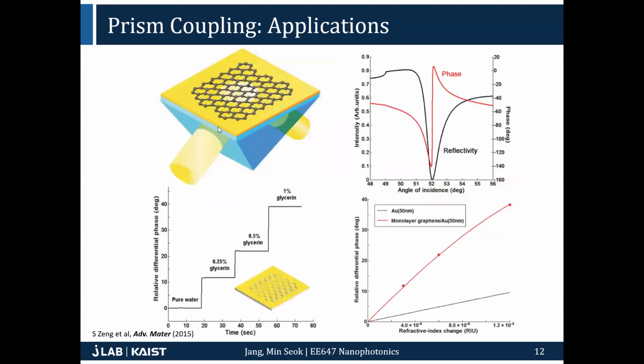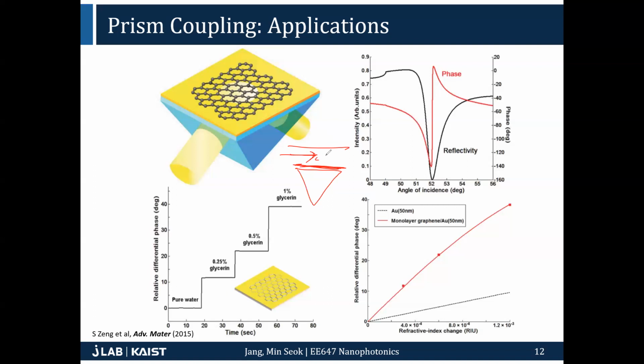And then you can also create sort of a molecular detector using the same technique. So here, what this says is that you have also the prism coupler, and you basically have a prism here, and then you allow liquid to flow above this surface.